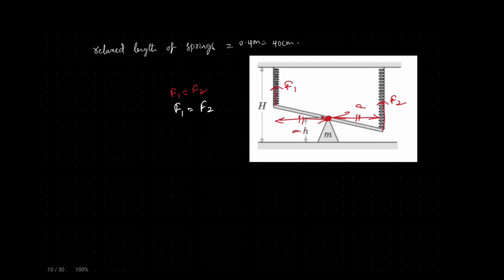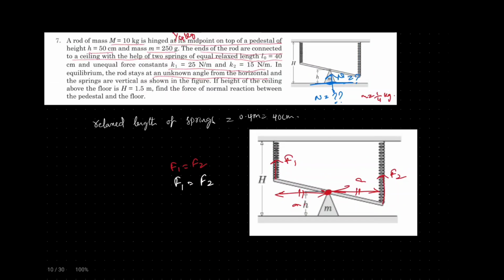We don't know what F1 and F2 are, and we also have to assign K1 and K2 to the respective springs. They told that the natural relaxed length is 40 centimeters. First of all, let's see whether it is compressed or elongated.